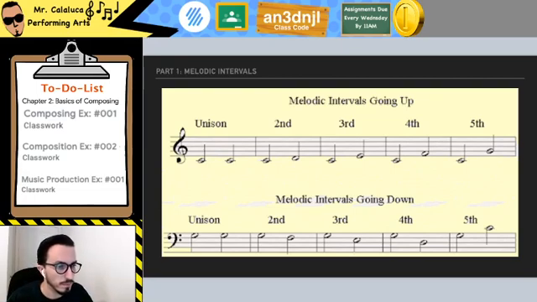Intervals can go up, and intervals can go down, and you're reading from left to right. Just keep that in mind when you're comparing the two notes.